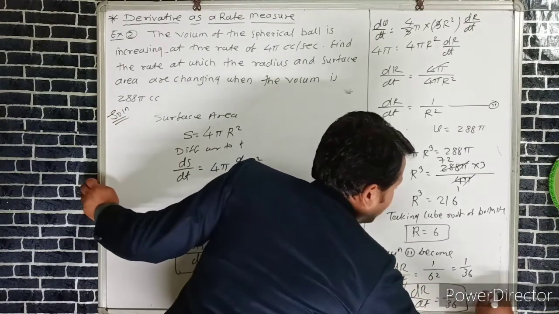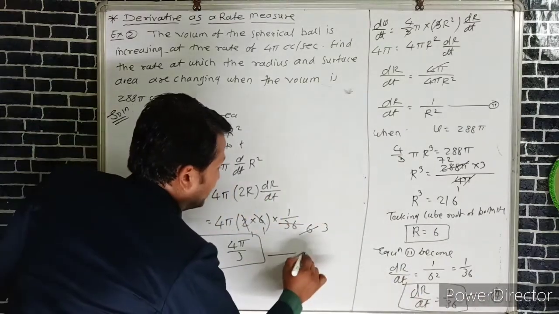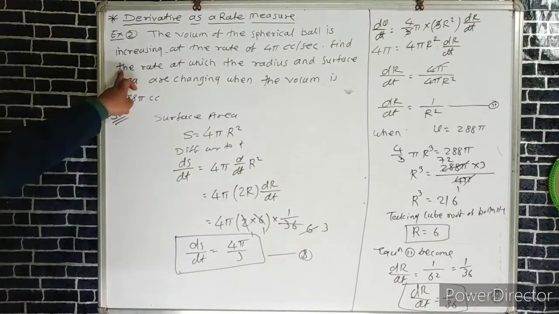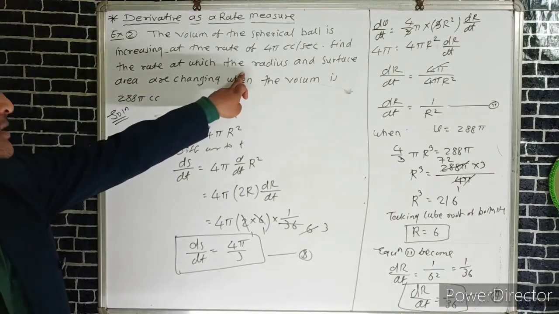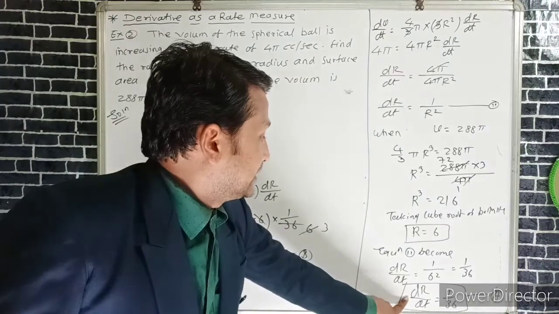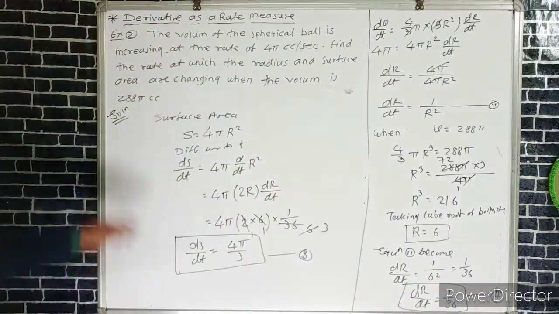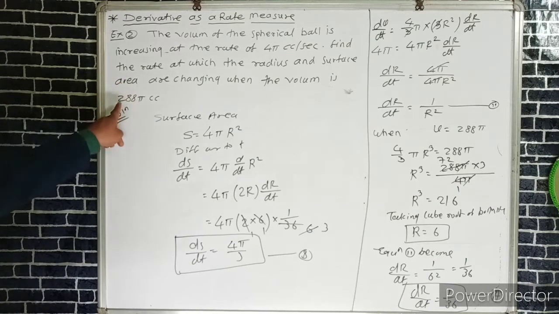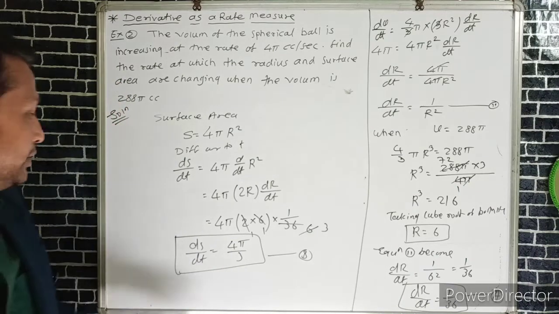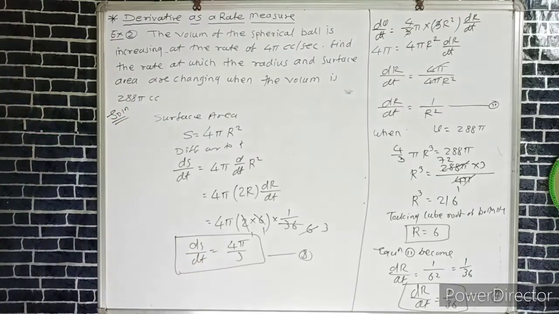This is the required answer A and required answer B: the rate at which the radius is changing, dr upon dt, is 1 upon 36, and the surface area is changing with volume 288 pi cc, ds upon dt is 4 pi upon 3.